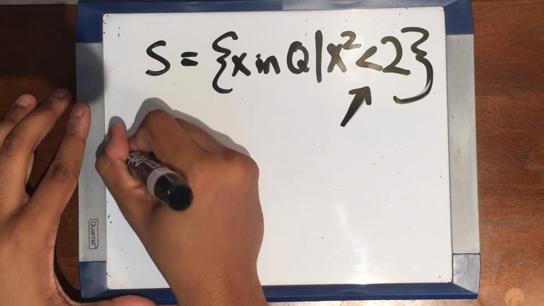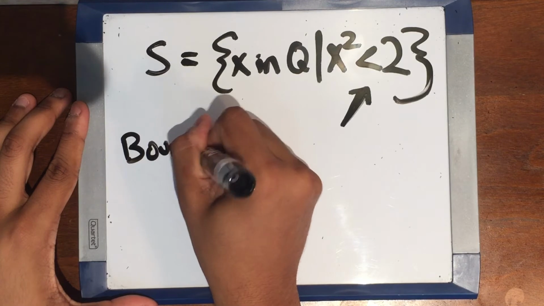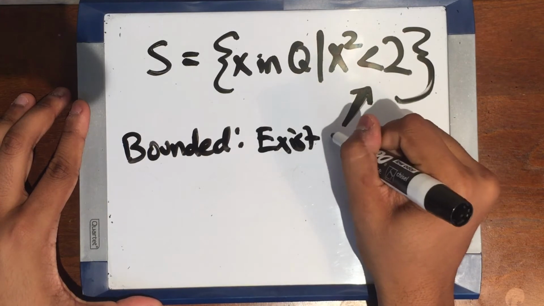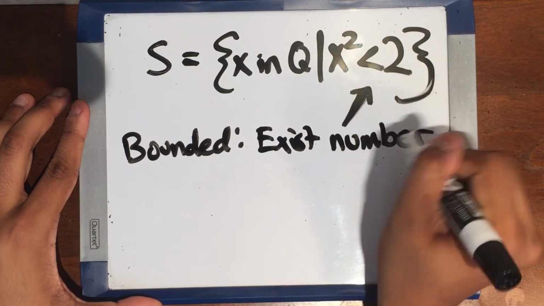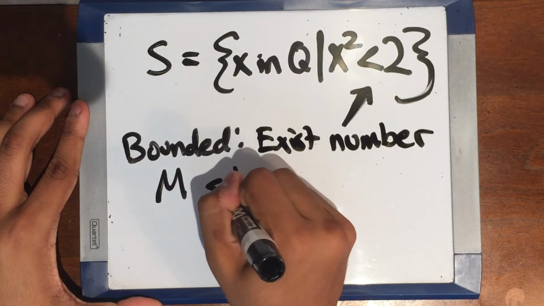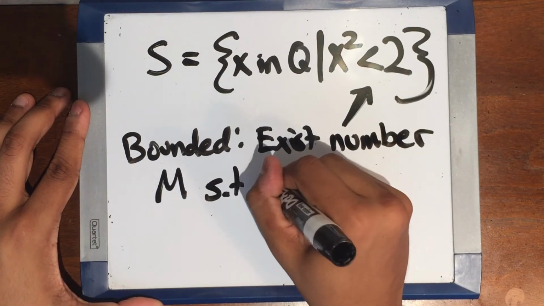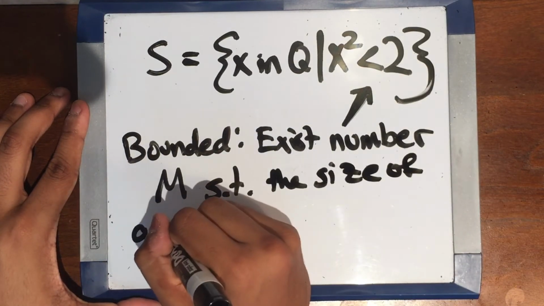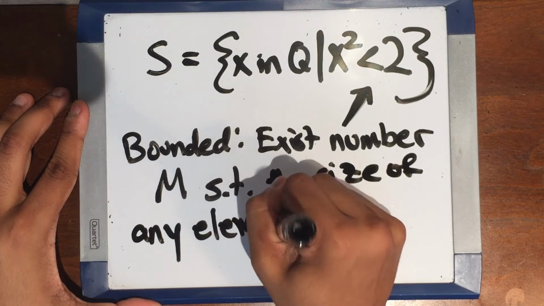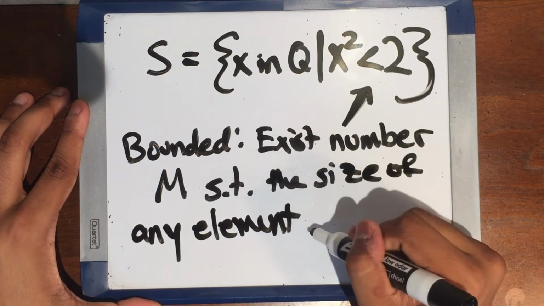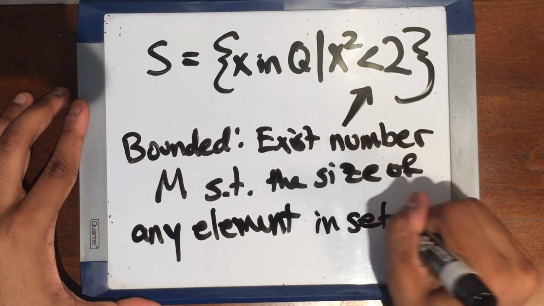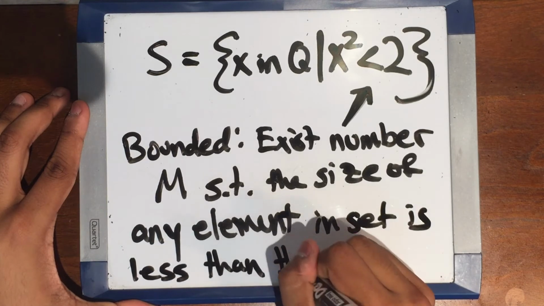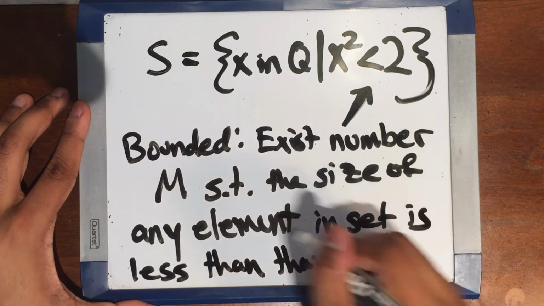So to be bounded, remember, it's defined as there exists a number m such that the size of any element in the set is less than that m, right?